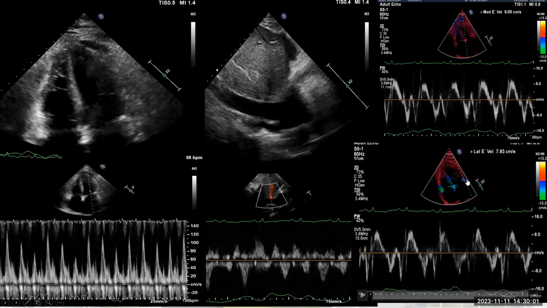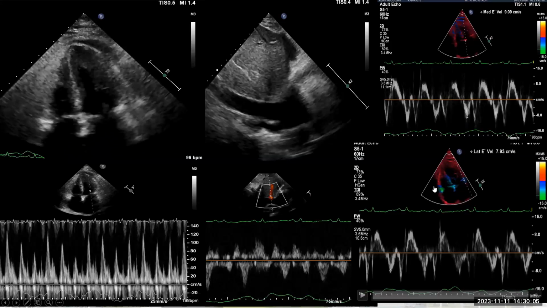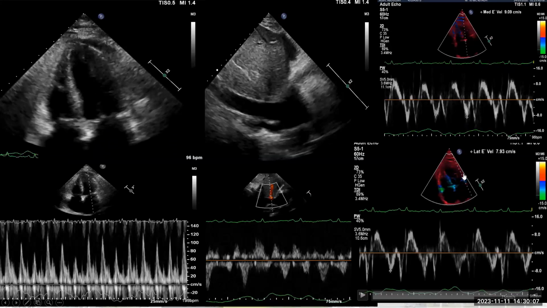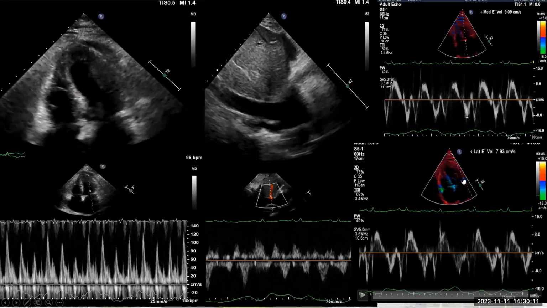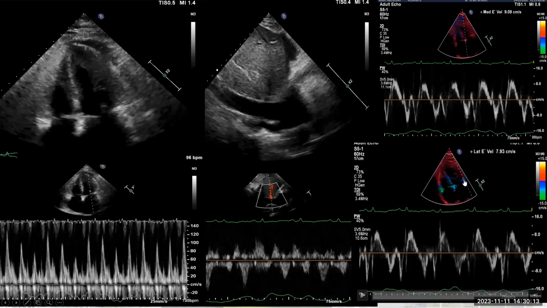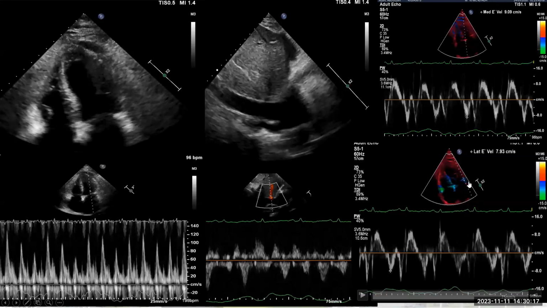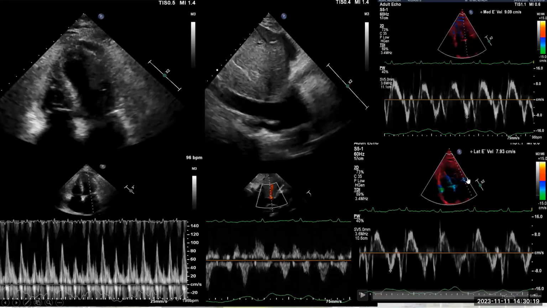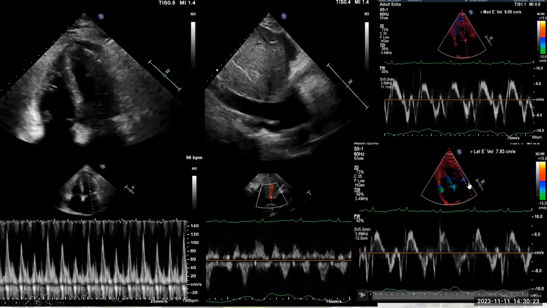Let's go here to the annulus velocity. We have a typical finding. As you know, we have calcium around the heart. The pericardium is thick or calcified, and this calcium is likely attached to the lateral wall and all the walls of the LV and RV, and this will cause restriction of motion and descent motion of the lateral annulus.